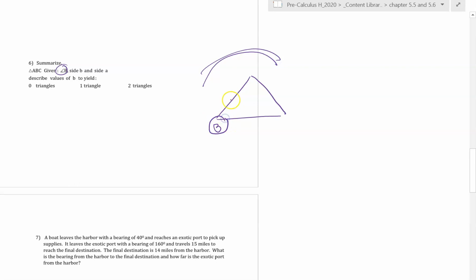Angle B is given, side B is given, and I'm going to put the angle A here because again, I want the given side to be the included side. Now if we drop an altitude and call it H, we know in this right triangle right here that the sine of B is opposite over hypotenuse. So the height is A sine B.